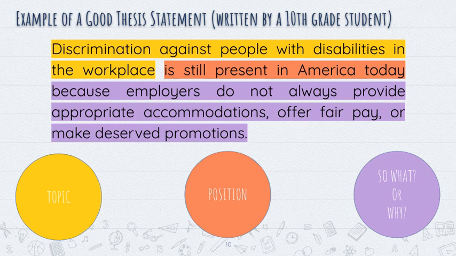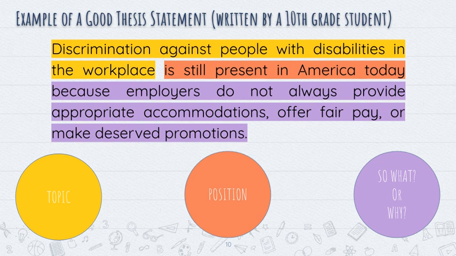promotions." So the part highlighted in yellow, that's the topic, the general idea that the writer is writing about: discrimination against people with disabilities in the workplace. The writer takes a position on that topic in the salmon color. Her position is it's still present in America today.